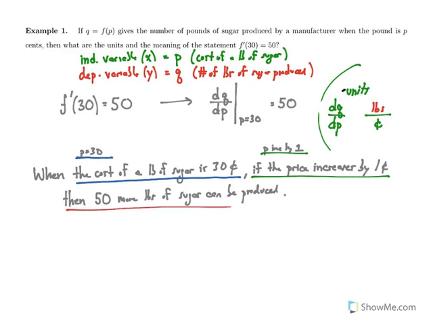And that is just saying that the derivative equals 50. So when the cost of a pound of sugar is 30 cents, that's saying P equals 30. If the price increases by 1 cent, then we can produce 50 more pounds of sugar.